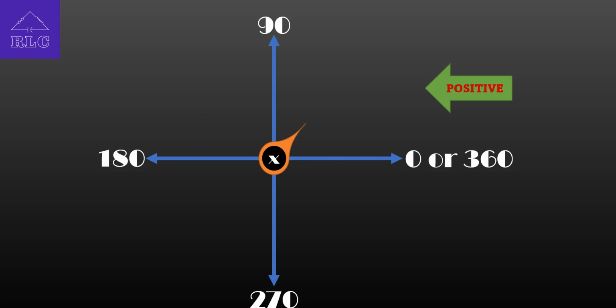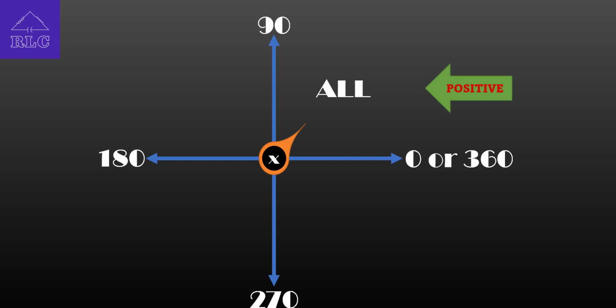Now we will discuss the functions which are positive in each and every quadrant. We have four quadrants, and in each quadrant only certain trigonometric functions are positive. Let us see what those are.